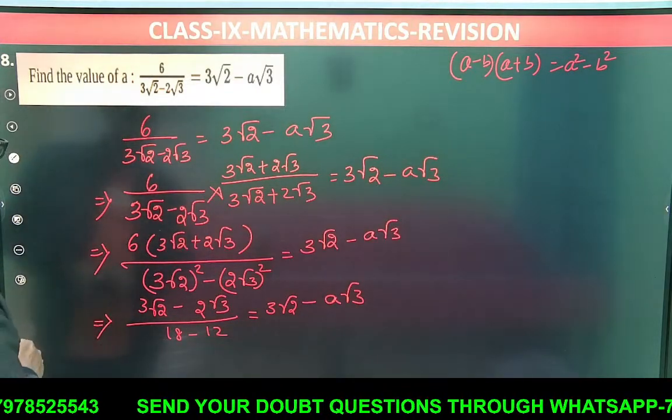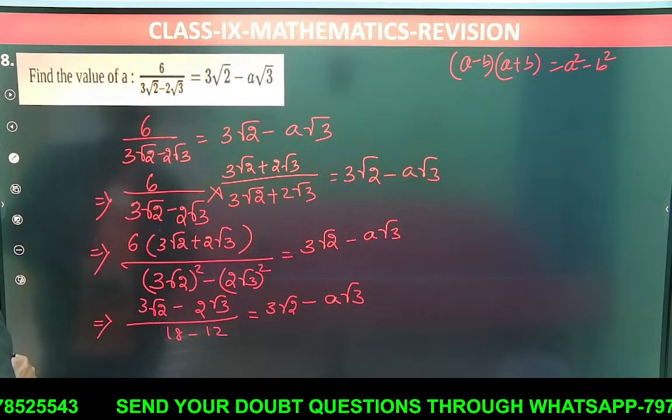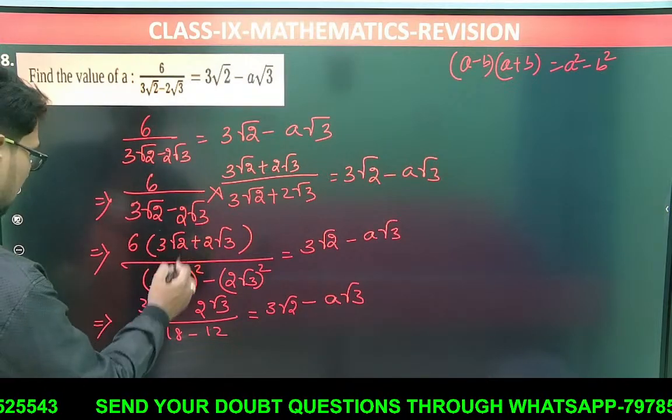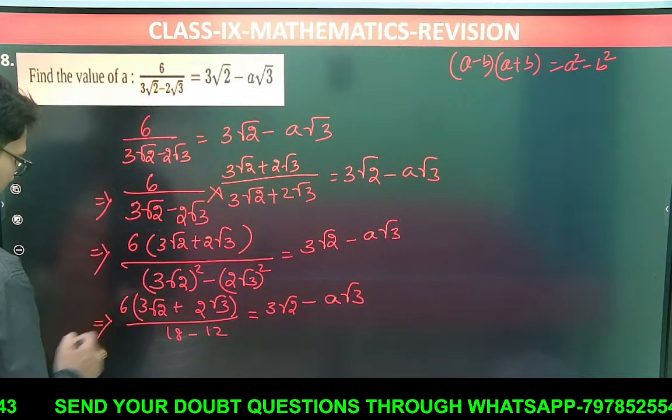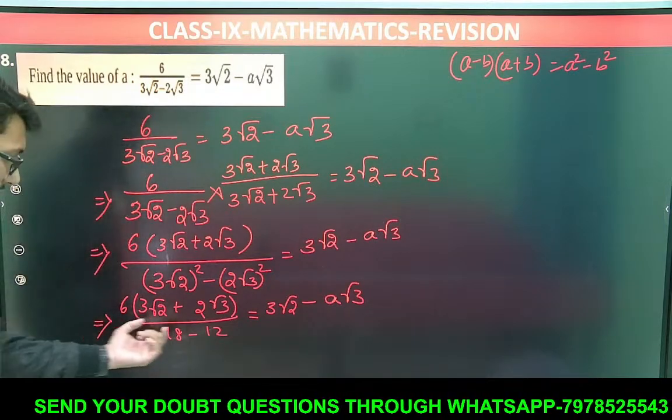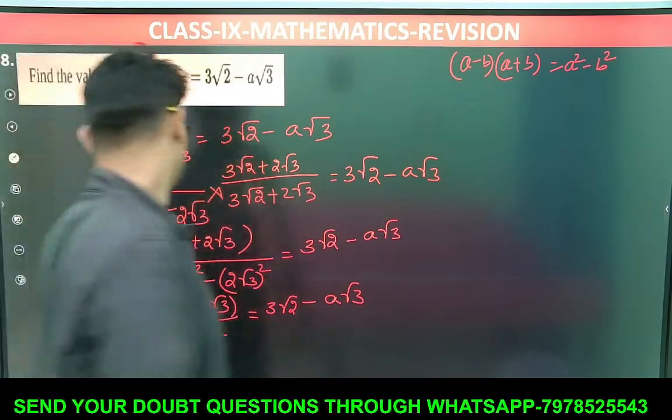Oh, the plus was there. So I am not multiplying the 6 right now, I have kept it because here it will cancel: 18 minus 12 will be 6.